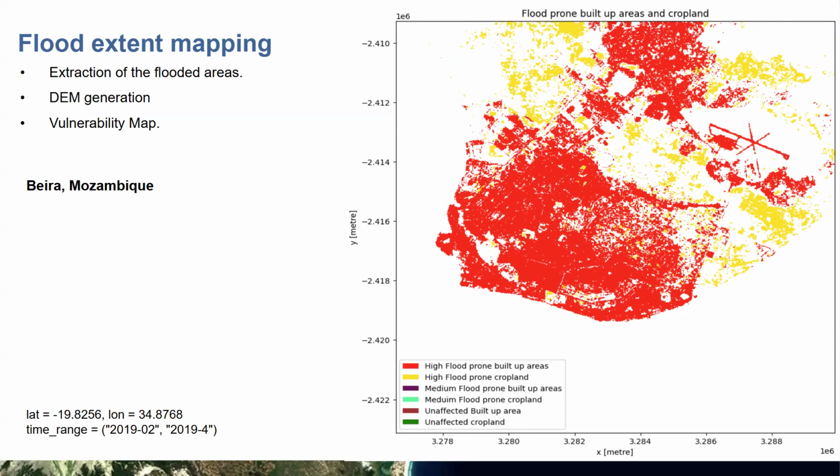I'm quite sure there's a little bit of medium as well as unaffected areas, but it's relatively small in this case. So therefore, more emphasis on the high flood-prone built-up areas and croplands. Thank you.